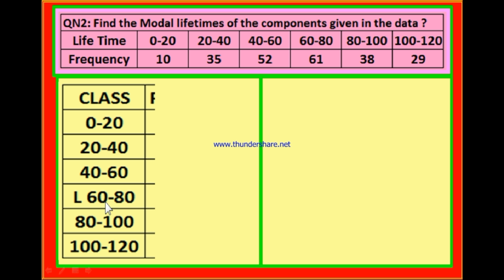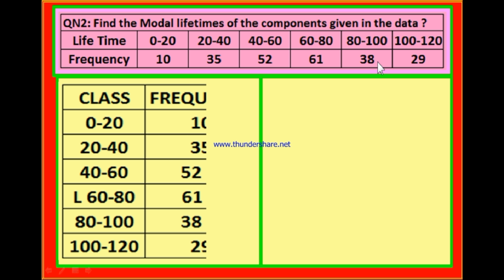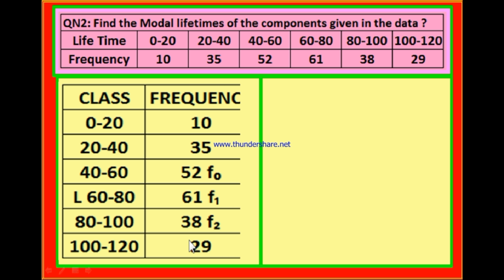These are the classes. And corresponding to these classes, the frequencies are 10, 35, 52, 61, 38, and 29. These are the frequencies. In order to find the mode, you need not construct any more column. The given two columns, classes and frequencies, are enough.